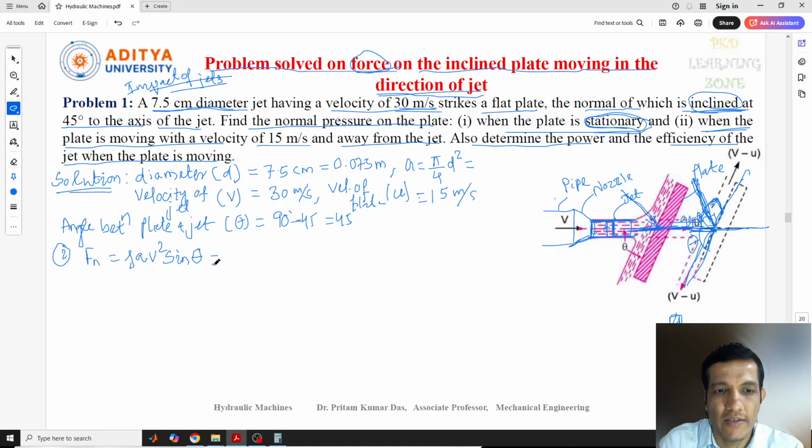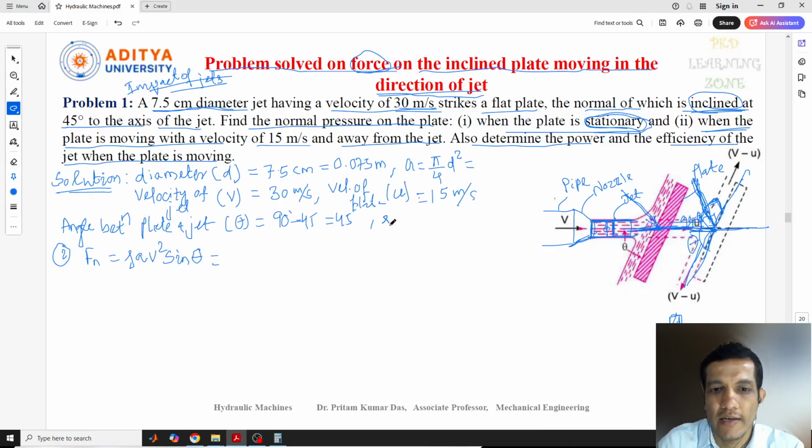So there you can identify this, and we just put the values. See here, rho is the density of the liquid. Here we can consider water as the fluid which is flowing, and the density of water is nothing but 1000.